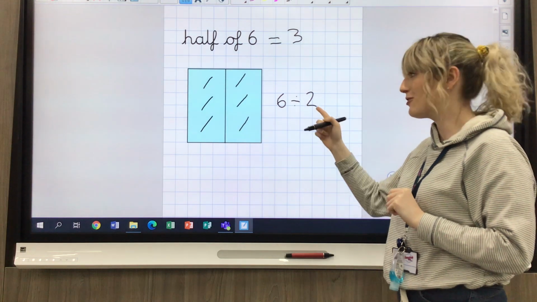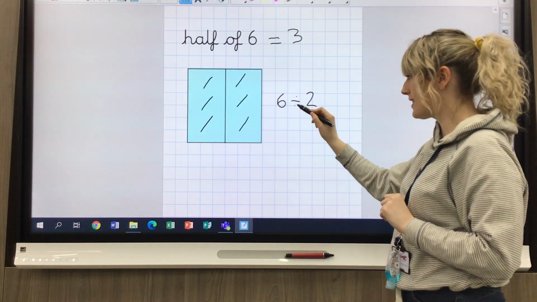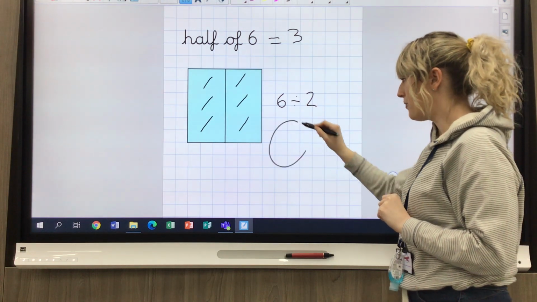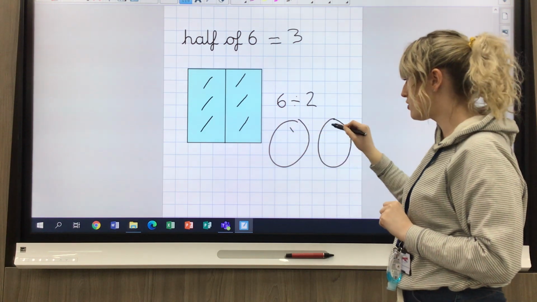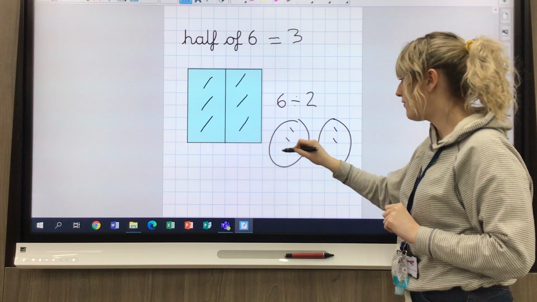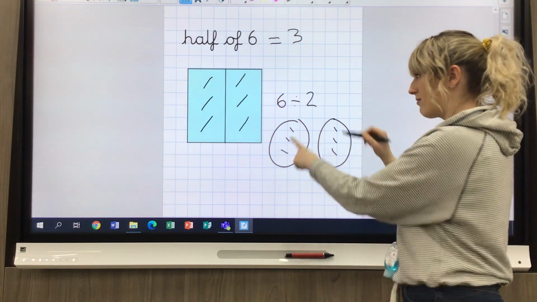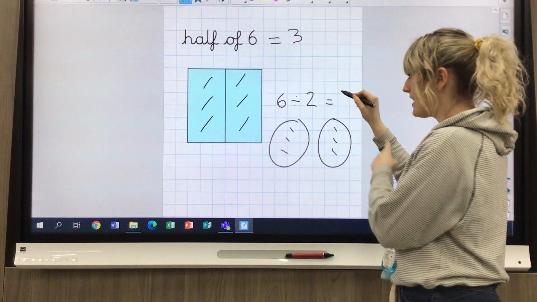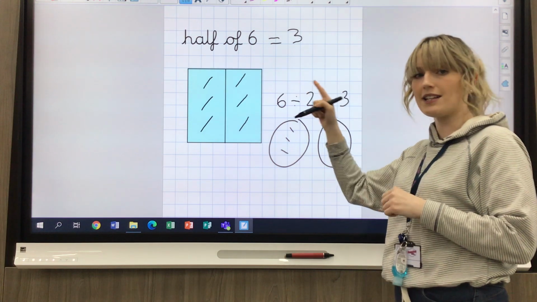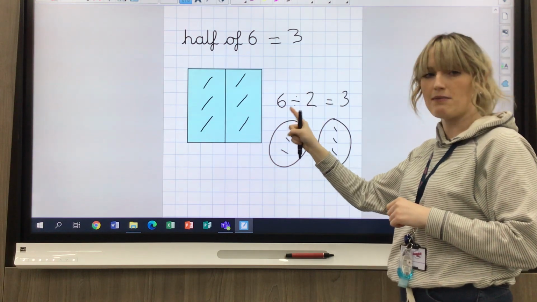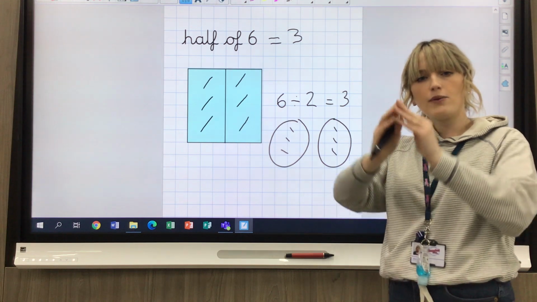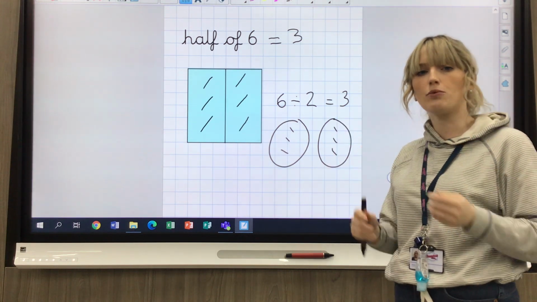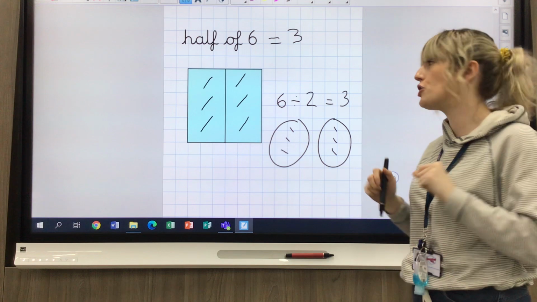So if I've got 6 divided by 2, there are my 2 piles. I'm going to share 6 out: 1, 2, 3, 4, 5, 6. We found the same answer. It's 3, because half of 6 is 3, and that's the same as 6 divided by 2, because when we're halving, we're splitting it into 2, so we're dividing it by 2.